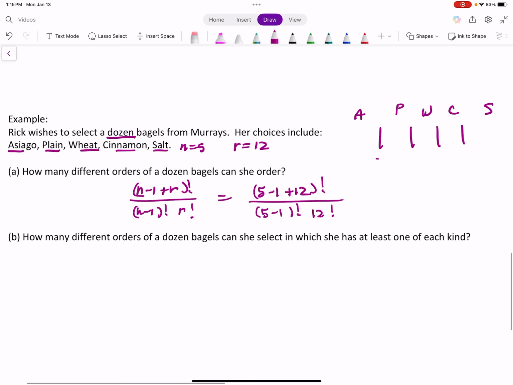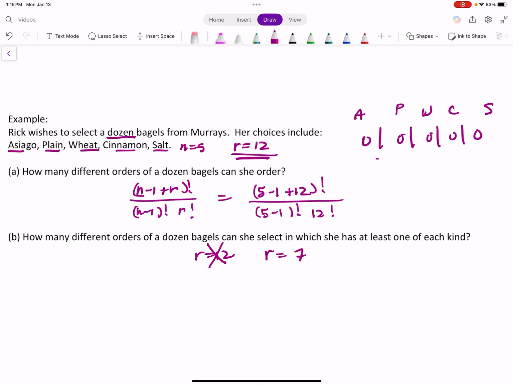Let's look at this one. How many different orders of a dozen bagels can she select in which she has at least one of each kind? Well, it might sound hard, but what it really just means is of the 12, we already know exactly where 5 of them go, right? So instead, we now have r is equal to 7 because we already know there's a ball in there. They're not going to move.